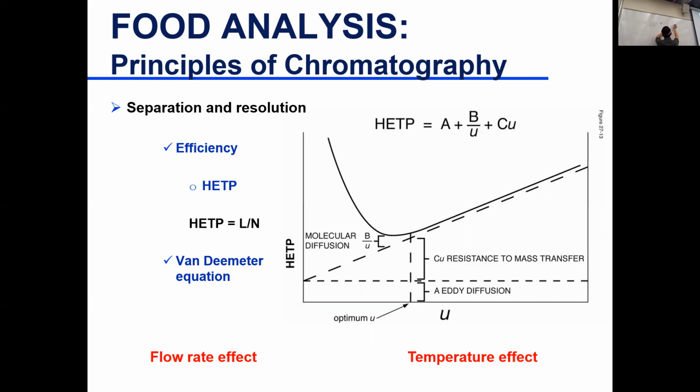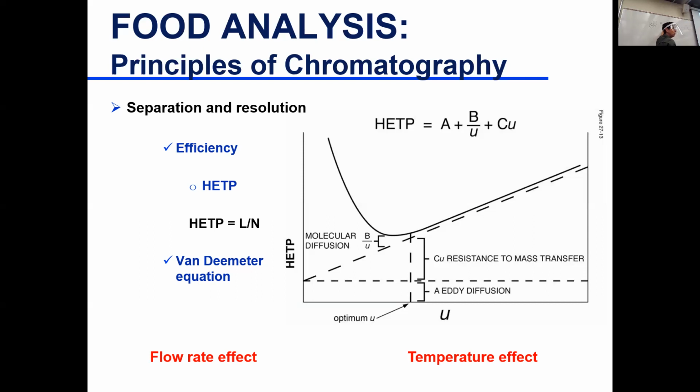If you have a large rock, you have different paths that your mobile phase can take. So your compound will diffuse into the column, into the stationary phase, more, and the band would be large, which will give you a wide peak.